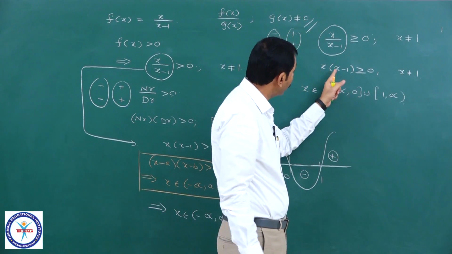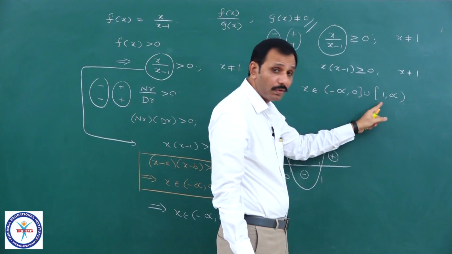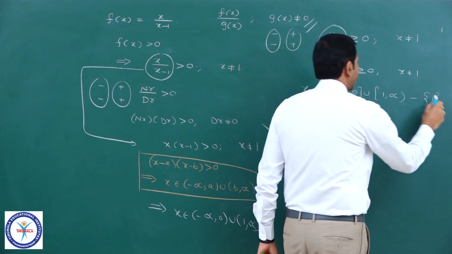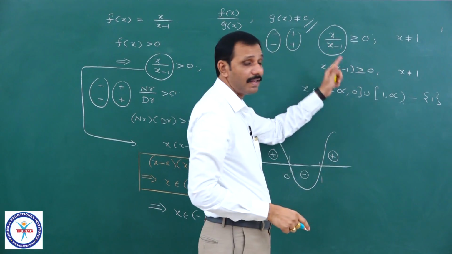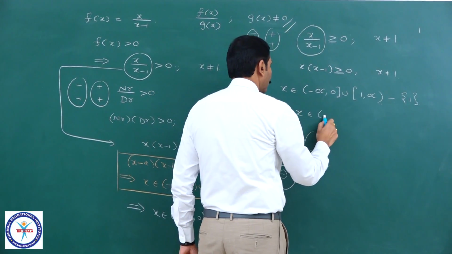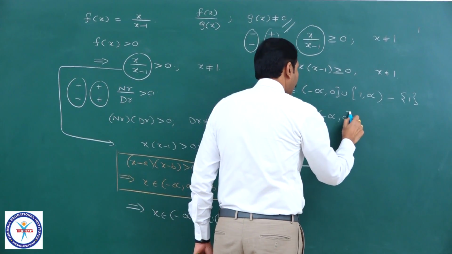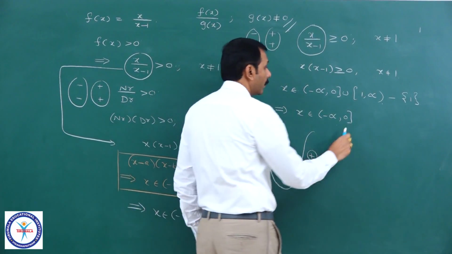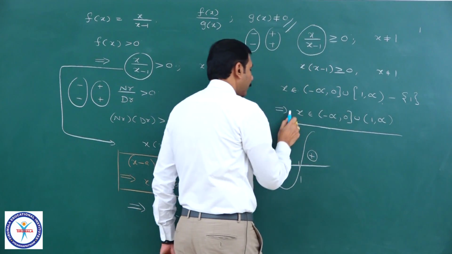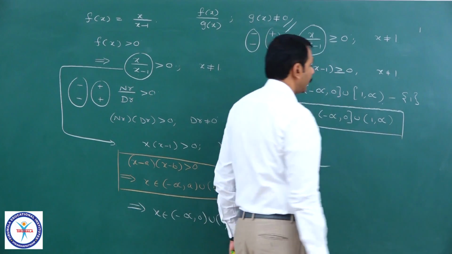While writing this one I have included 1. You need to subtract that 1, meaning minus the set {1} I have to write because it is in the denominator. That implies x belongs to minus infinity comma closed 0 union open 1 comma infinity will be the required solution for this inequality.